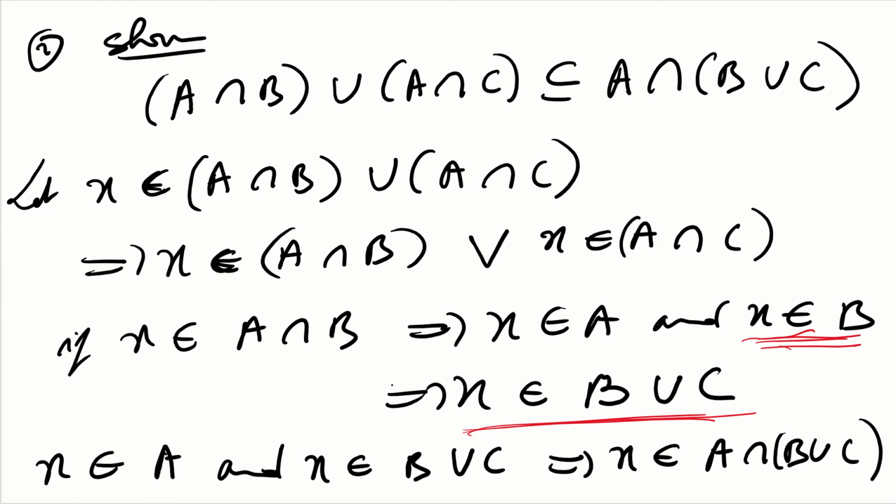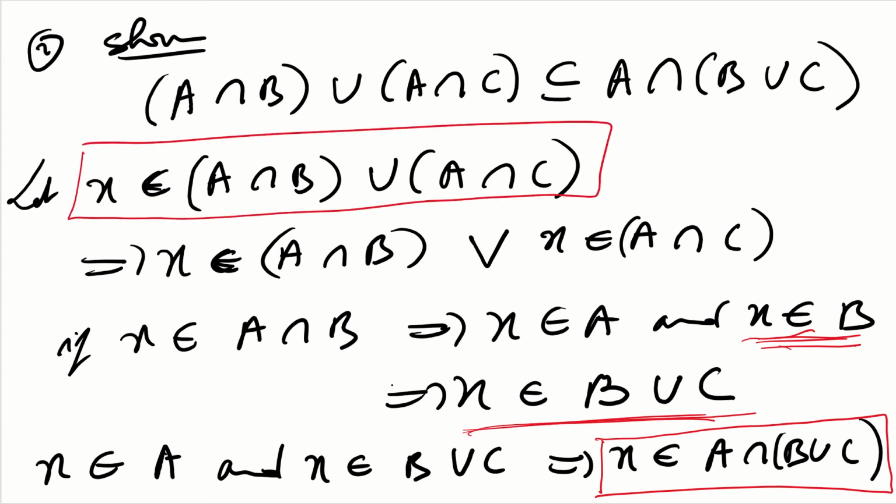Because we have x is in A and x is in B union C, therefore we can say that x is in the intersection. So this again concludes the proof here, because we went from x in this set to x in A intersection B union C.